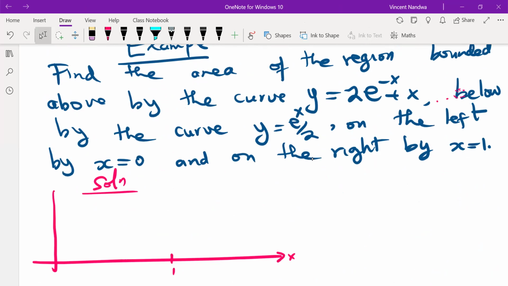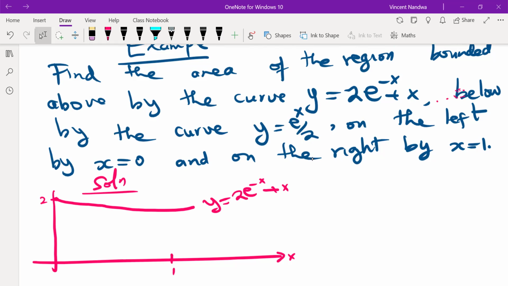So when you sketch this, this is the curve y equals 2e^(-x) plus x.